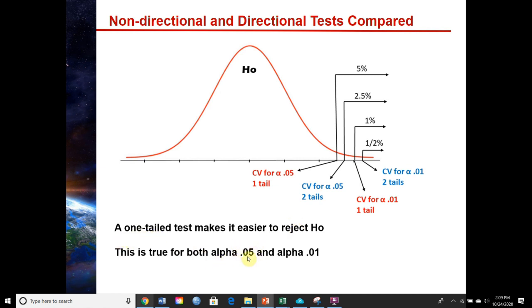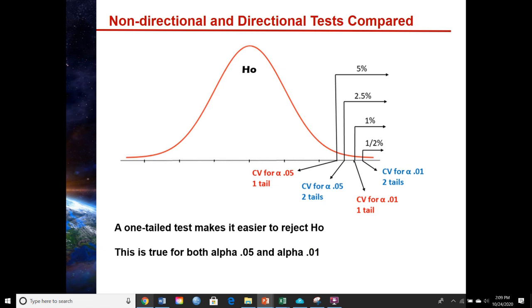And we know that that's true if we use alpha 0.05 versus alpha 0.01. It's still the case if you compare one versus two tail for 0.05, it's easier to reject if it's a one tail test. Similarly, if you use alpha 0.01, if you compare one versus two tail, it's easier to reject H0 using that one tail test.